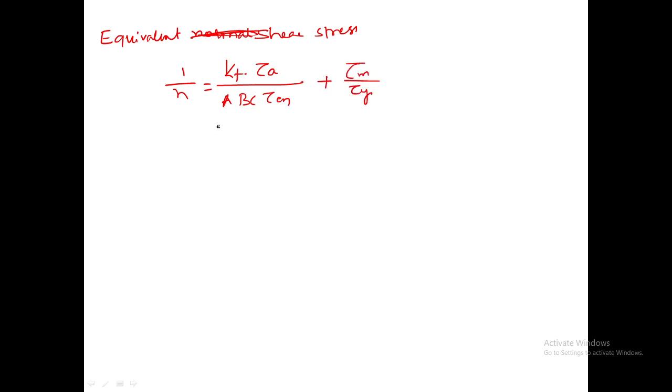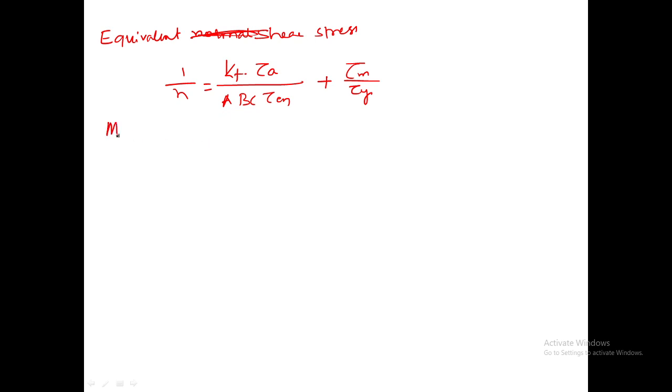so what it is, 1 by n equal to kf into tau a divided by ABC into tau en, plus tau m divided by tau y.